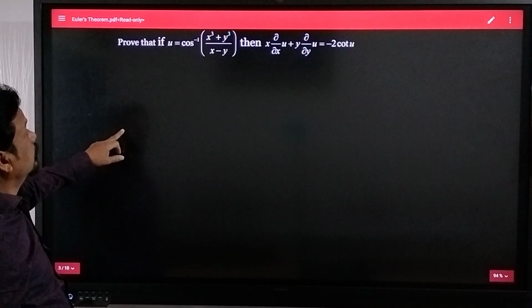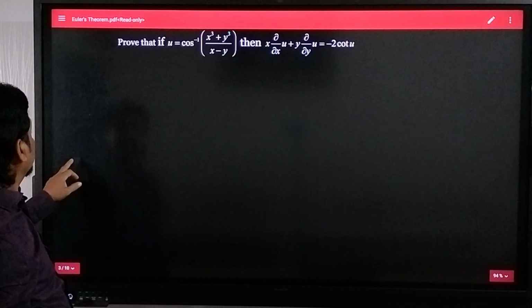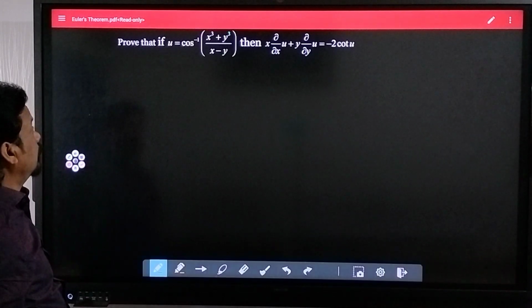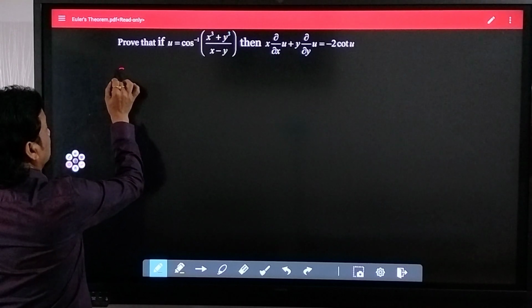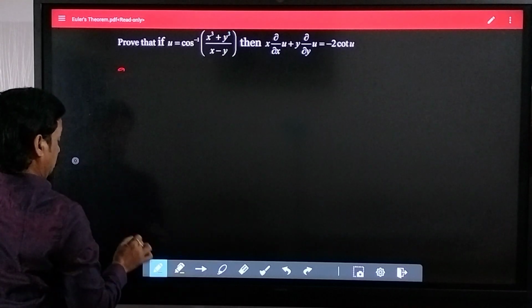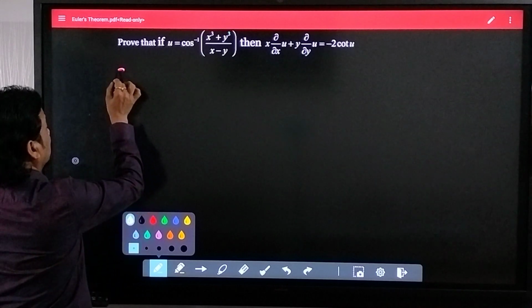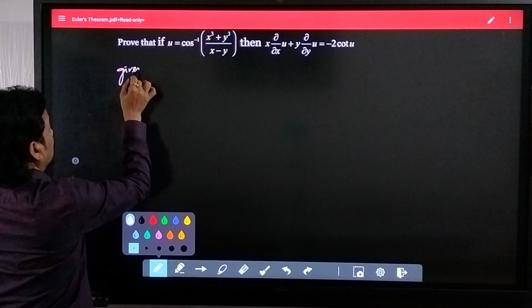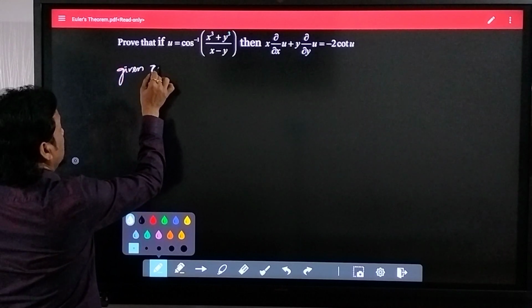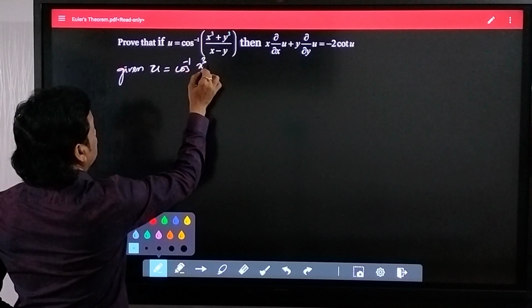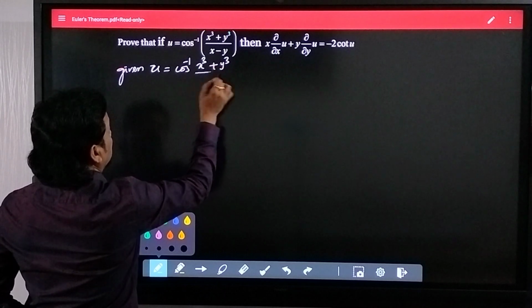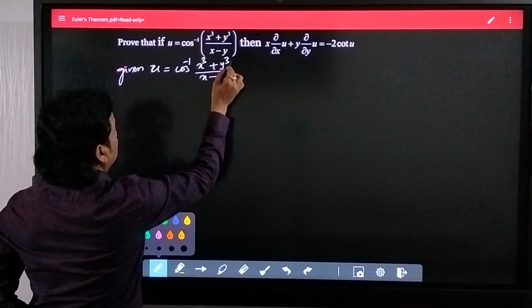See here it is given u is equal to cos inverse of x cube plus y cube divided by x minus y.